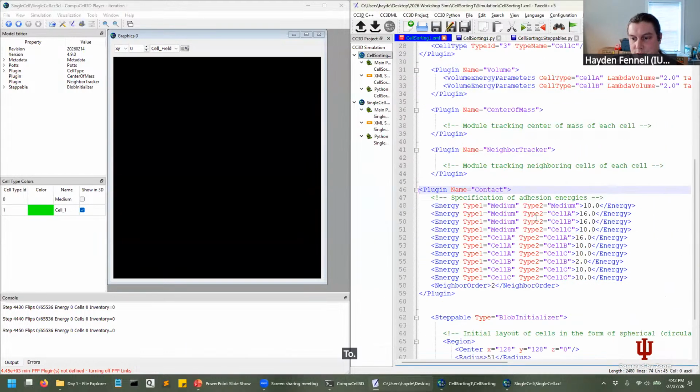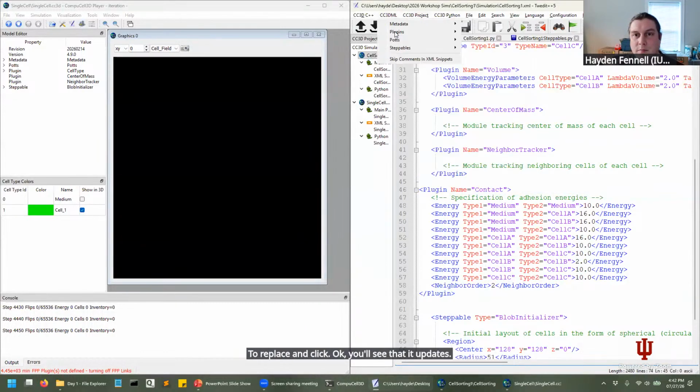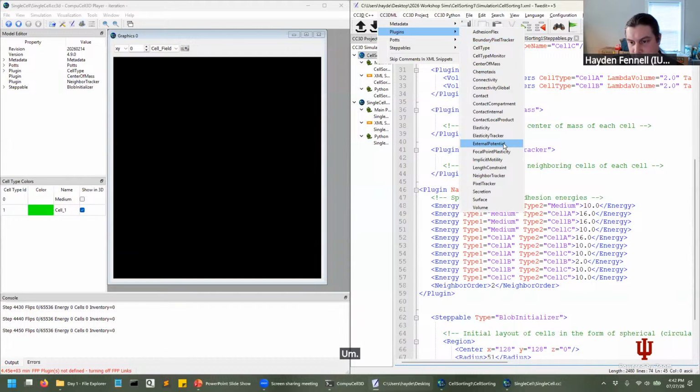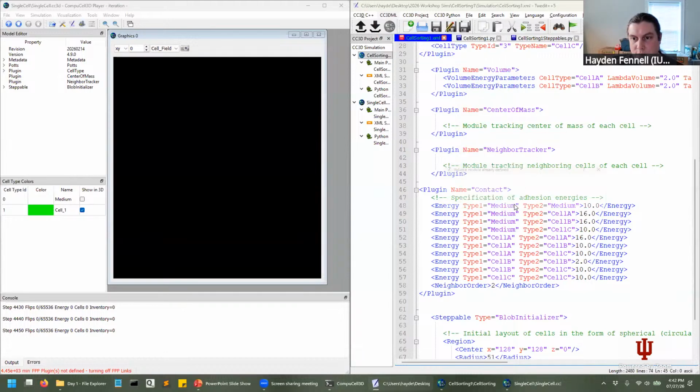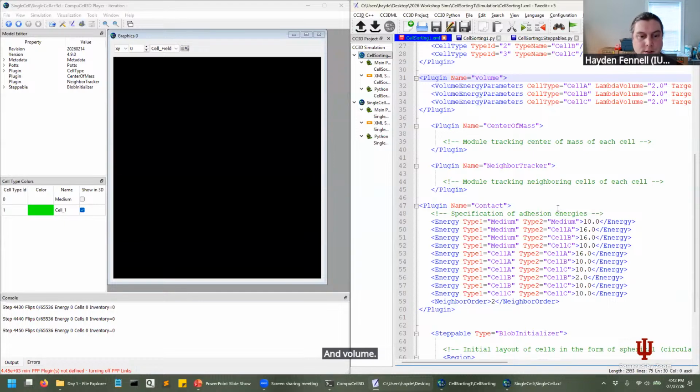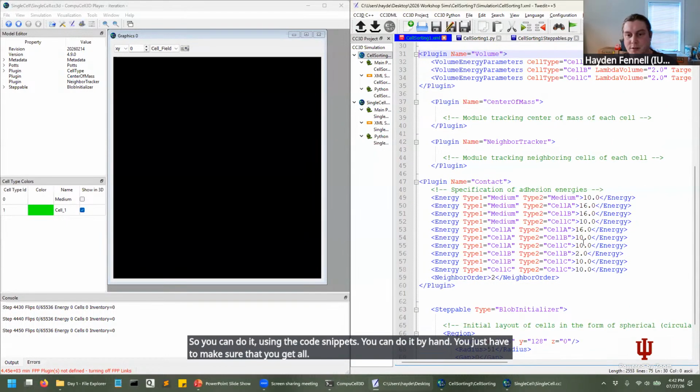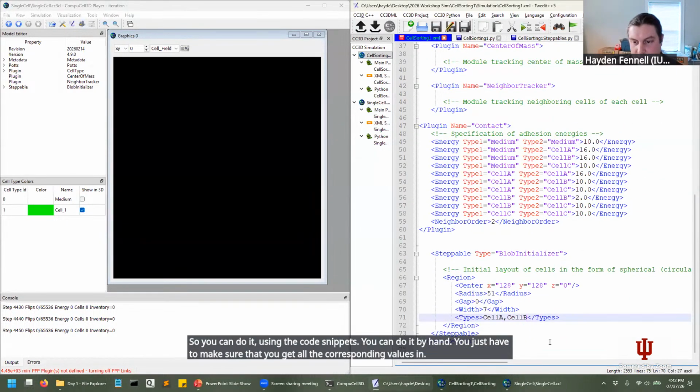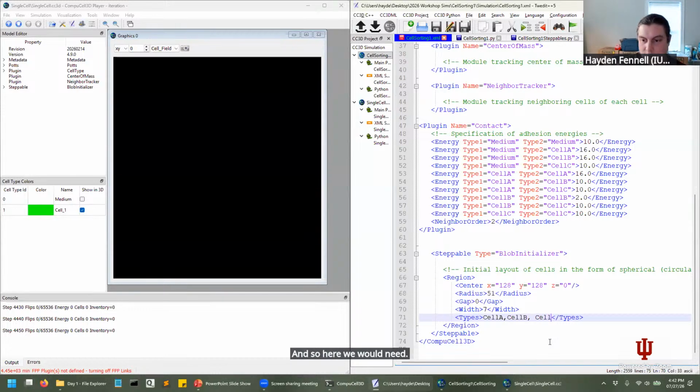You click OK, you'll see that it updates. And volume replace. So you can do it using the code snippets. You can do it by hand. You just have to make sure that you get all the corresponding values in. And so here we would need to add cell C to our types in our BlobInitializer.